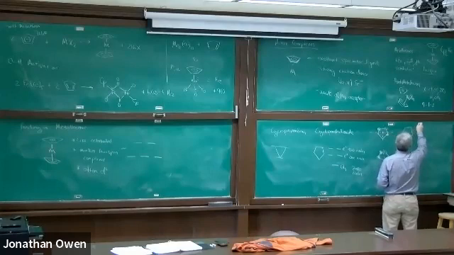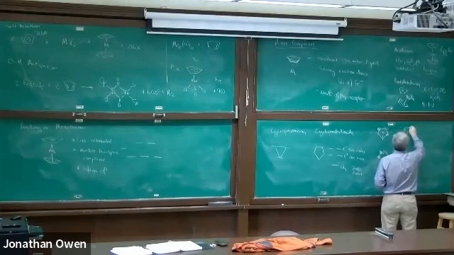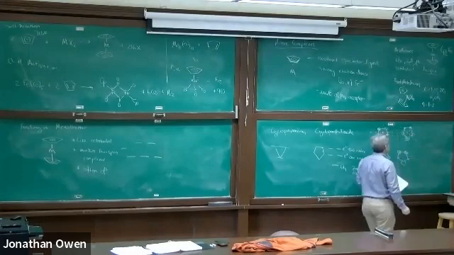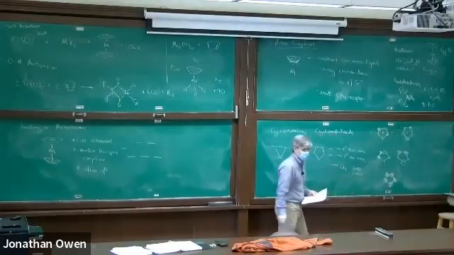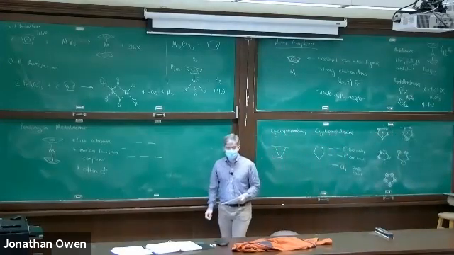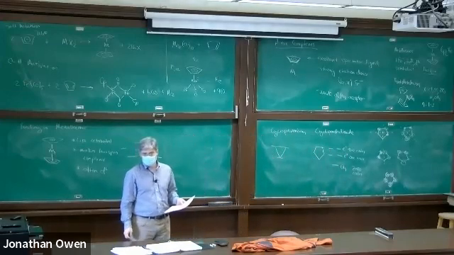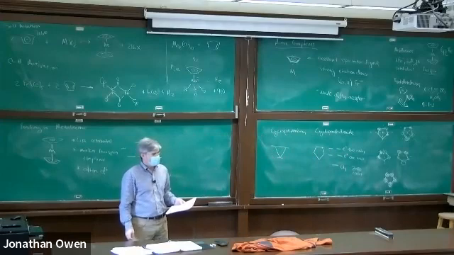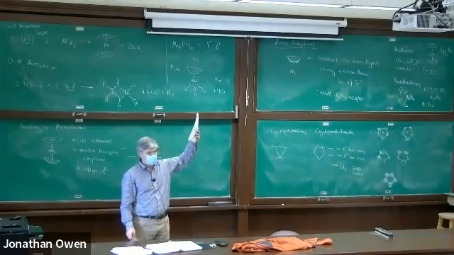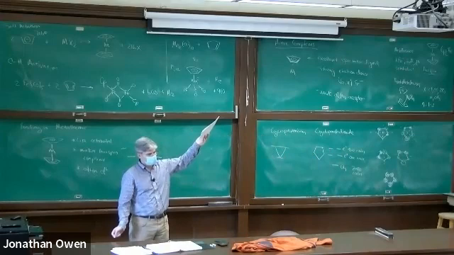Same thing, 45 degrees. Alternating as you go around. Okay, so that's how you make MOs for aromatic systems. It's very easy. 0, 1, 2, 3 nodes as you go up. That's all you gotta know.